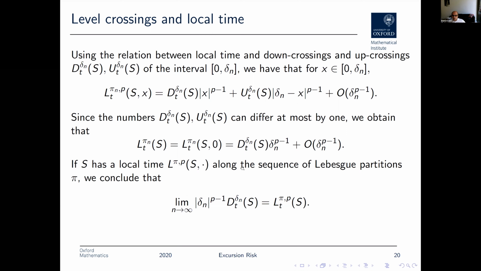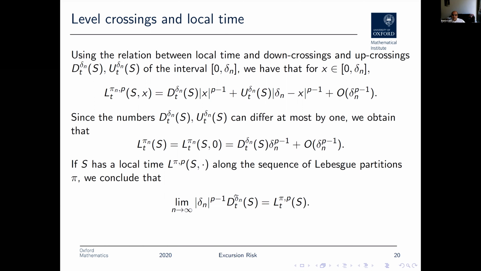Okay, so this is very interesting, and then plus a term that goes to 0. So it means that the limit of this term is exactly the local time of order p. Okay, so this is the formula I'm going to use now.